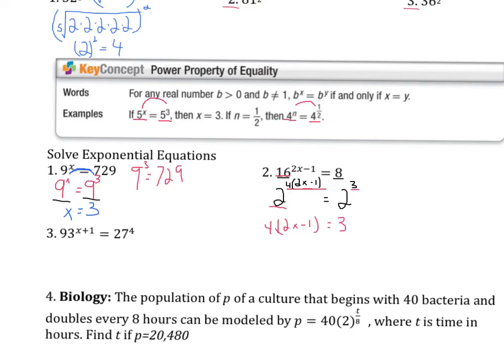Now we can just do our simple algebra and distribute the 4 and get 8x minus 4 equals 3. Add 4 to both sides, and we get 8x equals 7, and our final answer is x equals 7 divided by 8, 7/8.